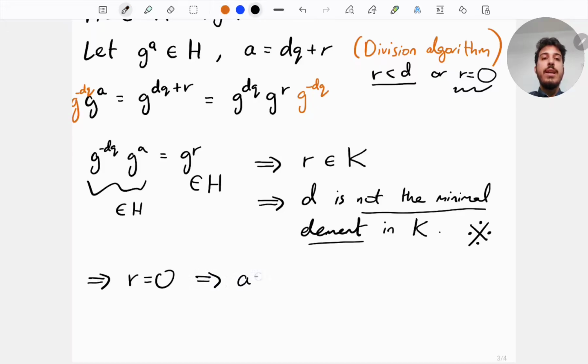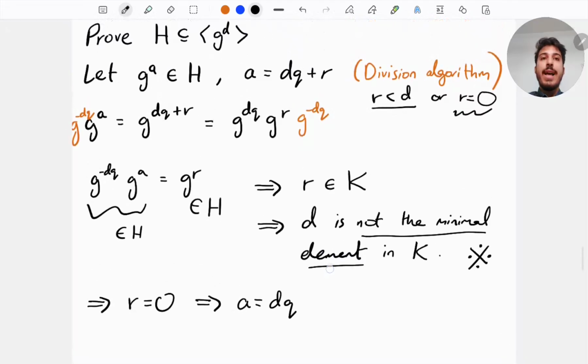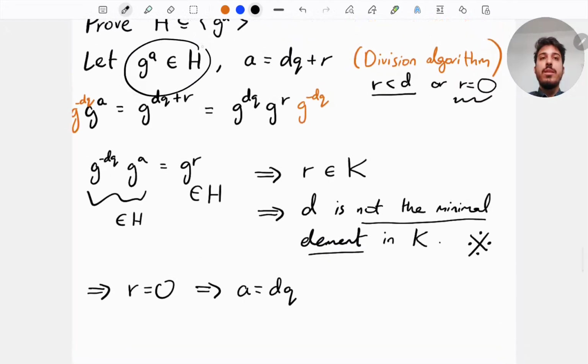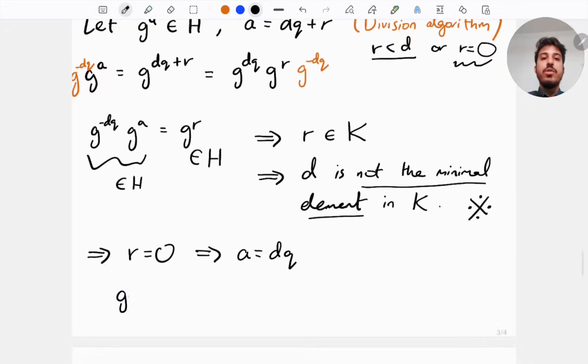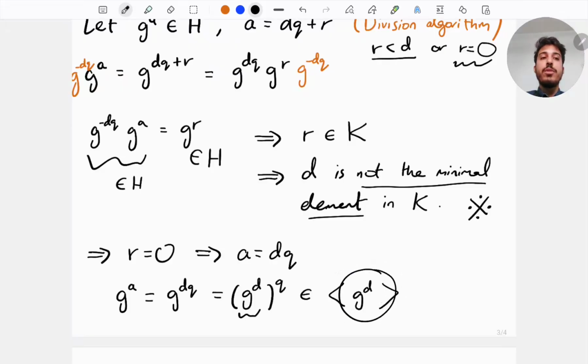So a is equal to d times q, and this means that g to the power of a, which is in H, is equal to g to the power dq, but g to the power dq is equal to g to the d to the q. So it is a power of g to the d, and we've said that this element lies in the group generated by g to the d because this group contains all of the powers of g to the d.